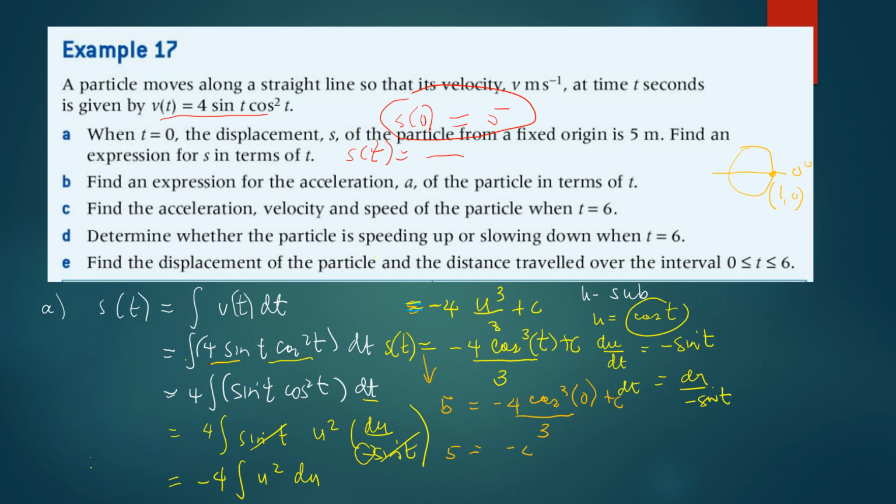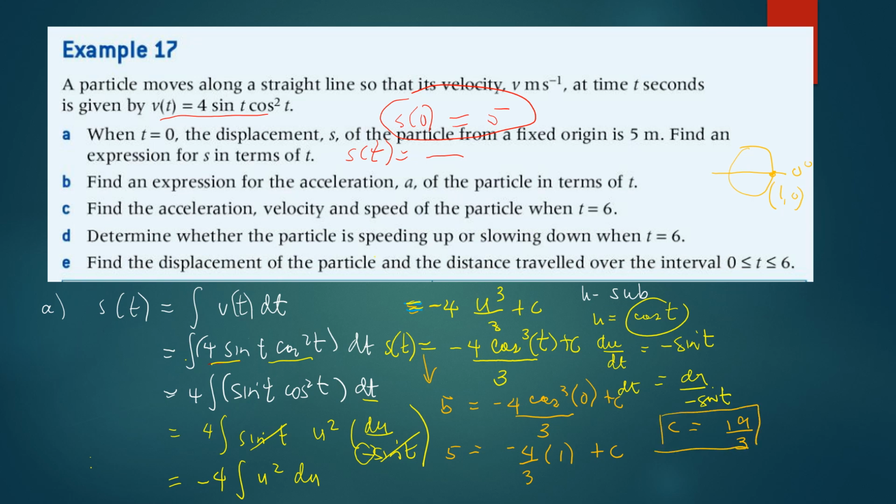Okay, so negative 4 over 3 times the cosine 0, which is 1, plus c. Okay, we have some space here. So performing the algebra, I'll just make this shortcut because we don't have enough space. This is just simple algebra. This will give you a value of c which is equal to 19 over 3.